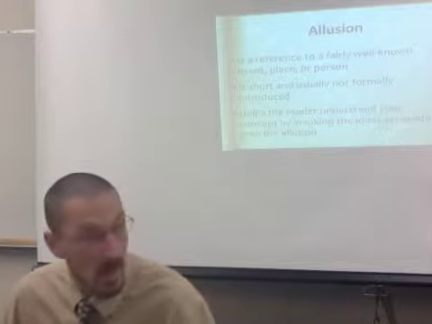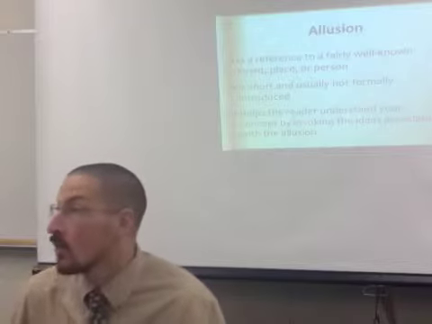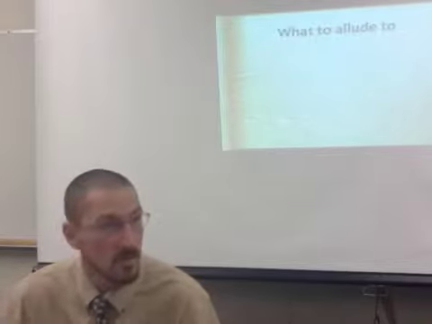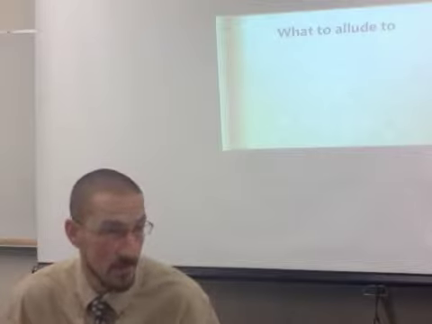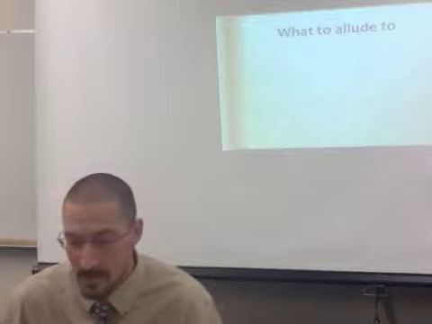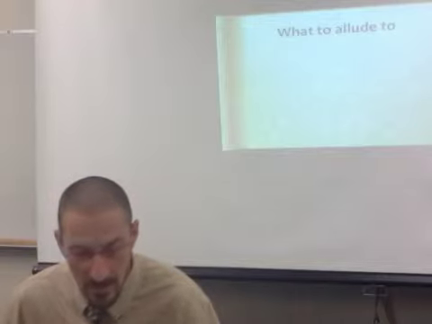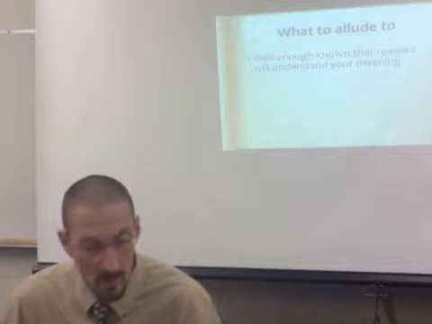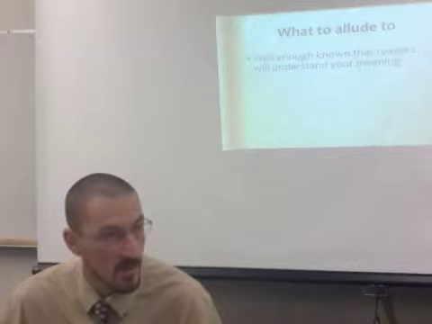All right, moving on. Now, what kind of things should we allude to? What kind of references should we make? The answer is that they should be well enough known that readers will understand your meaning.